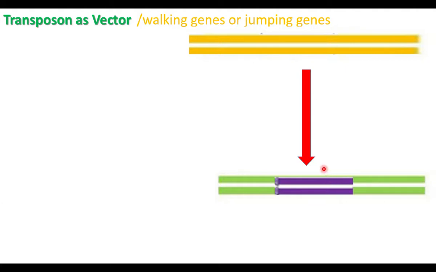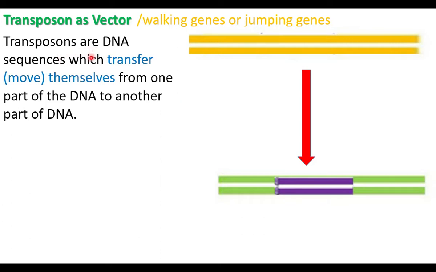It acts as a cut and paste molecule. It produces proteins. The proteins act as cut and paste molecules, so that the walking genes can move from one place to another place of the same DNA, or can move from one DNA to another DNA, from DNA to plasmid DNA, etc.